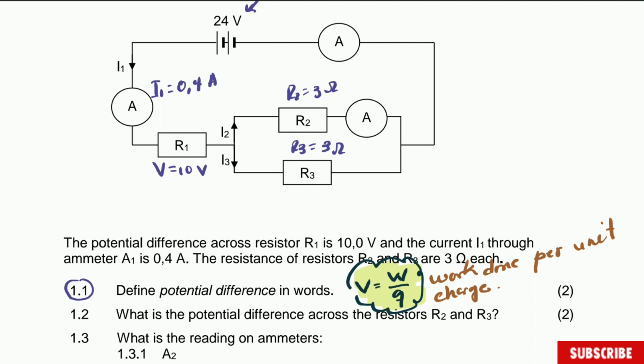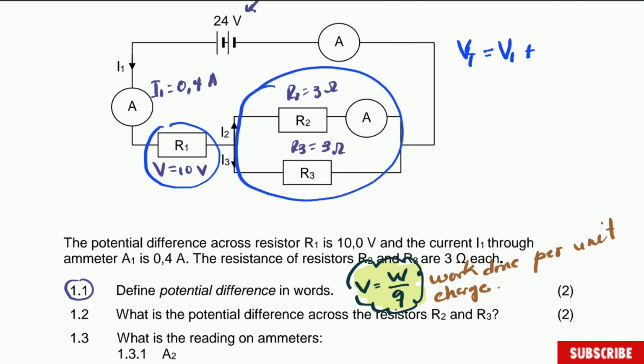Now, what analysis I want you to look at here: the potential difference of the battery, the total potential difference, must be equal to the potential difference on this resistor, which is potential difference 1, plus the potential difference of all these ones together, which make another resistor. I'm going to call that one the parallel part of the circuit.